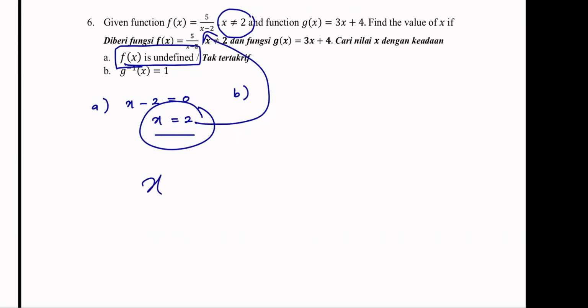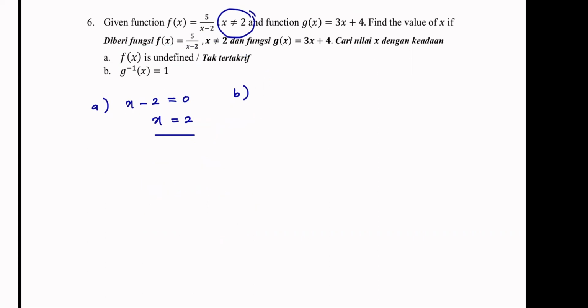If you put x not equals to 2 means, that means your answer is not 2. Not 2 means is defined. 2 means undefined. Understand? So the condition given here untuk jadikan dia defined. Tapi kalau you guna x2, dia akan jadi undefined. So that's why we put a condition beside there so that don't use 2. If you use 2, it's become undefined. Understand? So that's the condition.